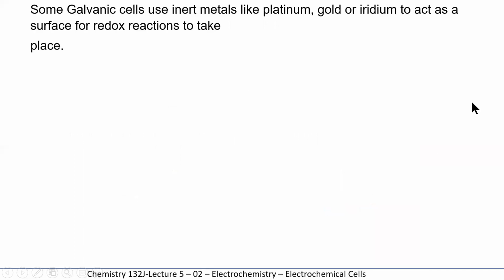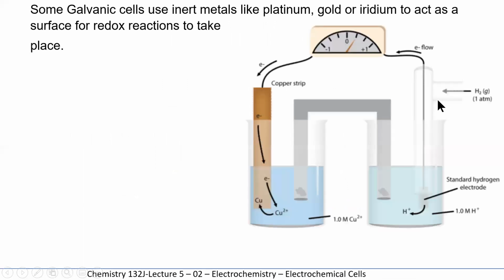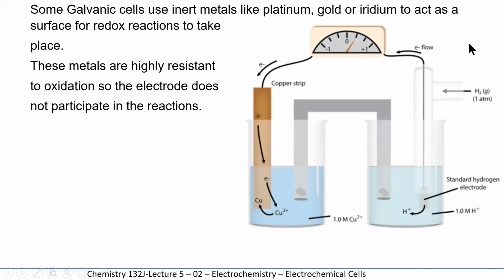Now, some galvanic cells use inert metals like gold or platinum or iridium to act as a surface for redox reactions to take place. In that case, here's a picture of a standard hydrogen half cell with a half cell of copper. We're going to talk about the standard half cell in the next lecture, but for now, I just want to show you the terminology. There's no oxidation happening at the surface of the platinum electrode here.